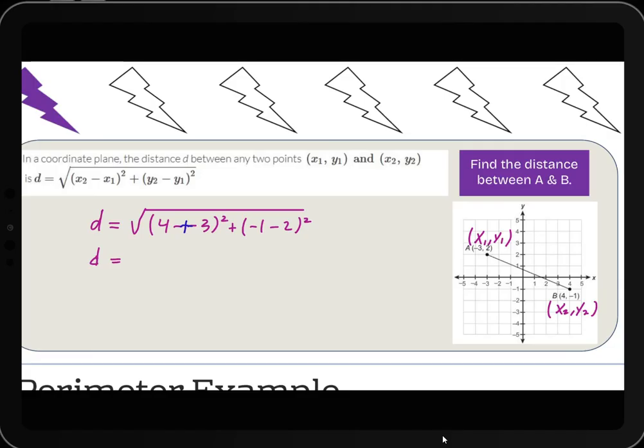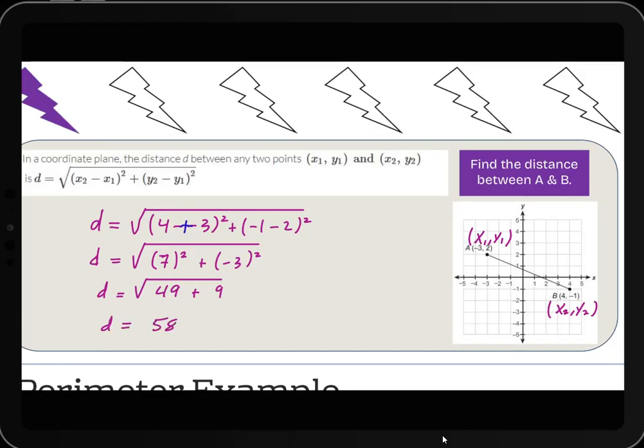All right, so here we go. We have a 7 quantity squared. We have a -3 quantity squared, and you've got to remember to take the square root of all of that. And let's go ahead and fix the square root symbol there. There we go. So now the distance is going to be the square root of 49 plus 9, and we're going to take the square root again of all of that because we haven't gotten rid of that square root just yet.